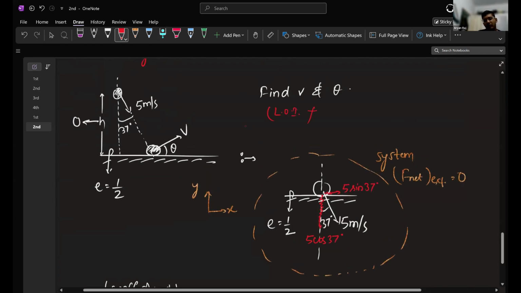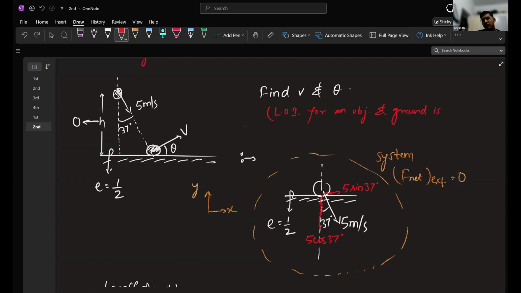Line of impact for an object and ground is perpendicular to the ground and passing through the object's center, center of mass.